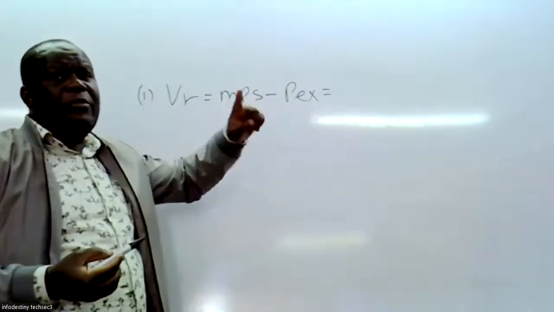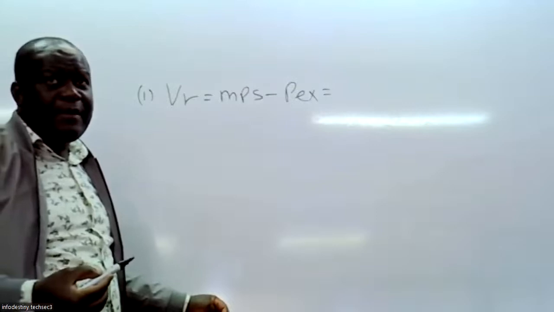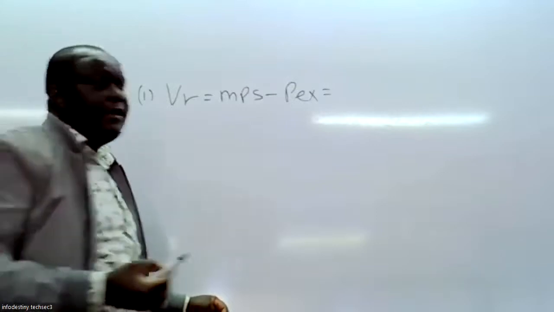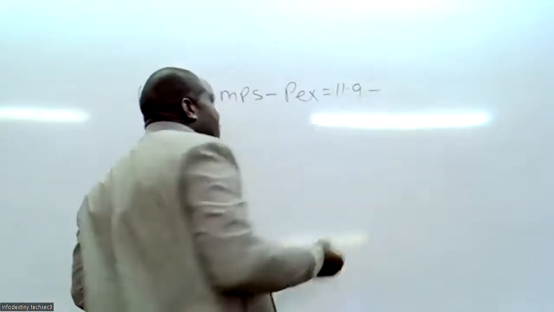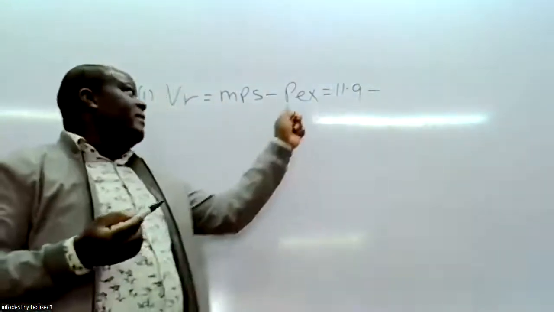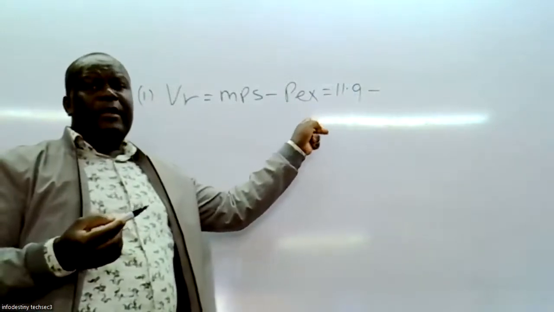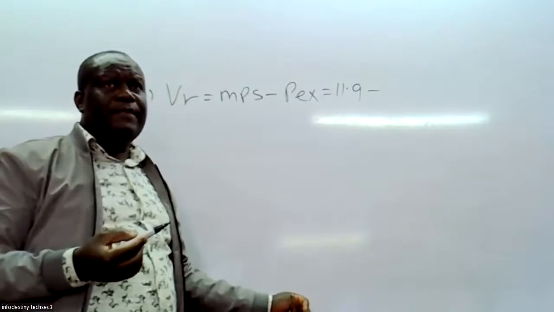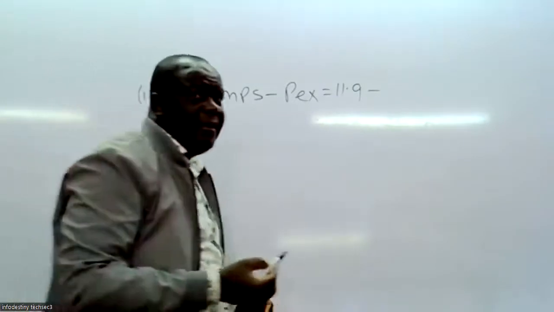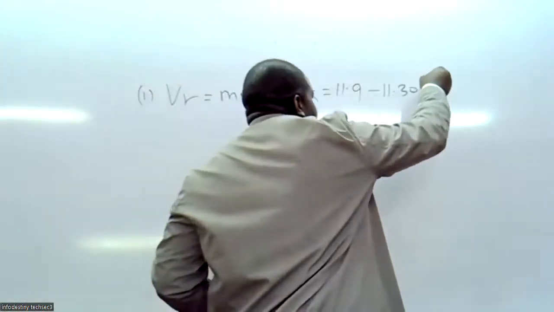Market price per share we calculated, it was exactly 11.9. Then the theoretical ex-rights price we have just calculated. It was which year? 11.305.